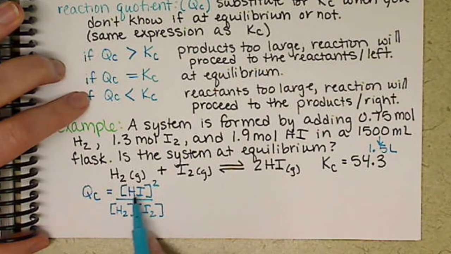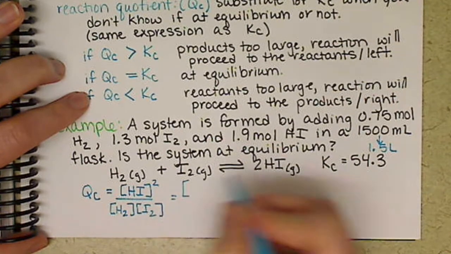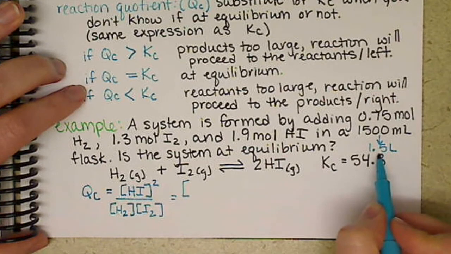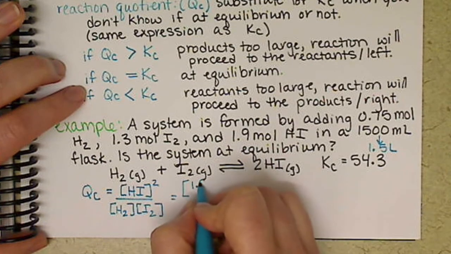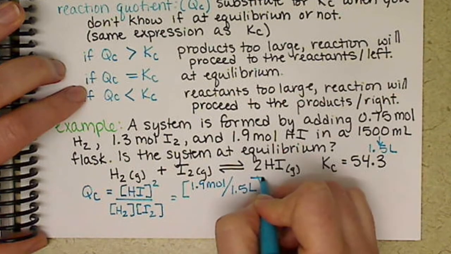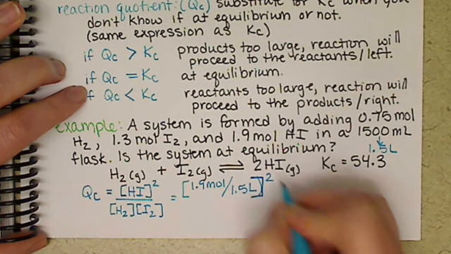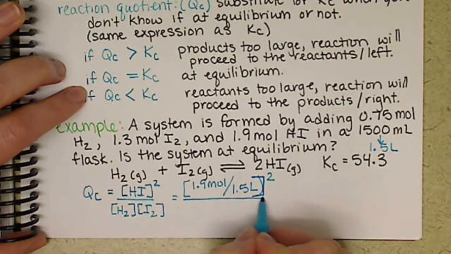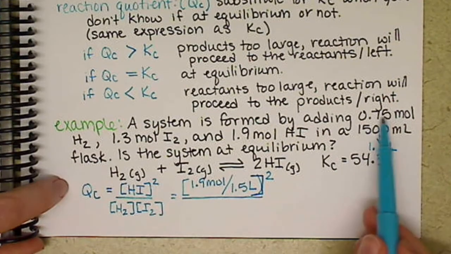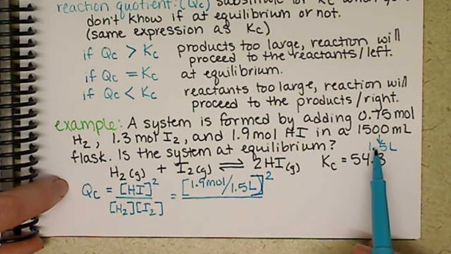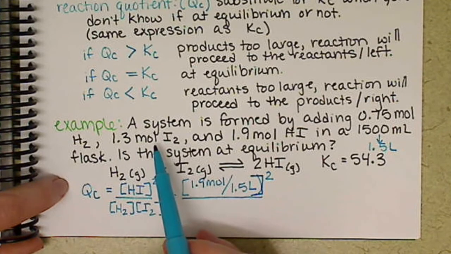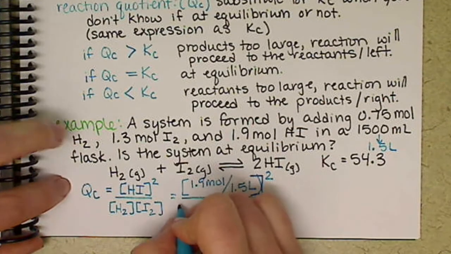For the concentration of HI, I have 1.9 moles per 1.5 liters, squared. That will be divided by my concentration of H2, 0.75 moles of H2 per 1.5 liters, and then times the concentration of I2, 1.3 moles of I2 divided by 1.5 liters.